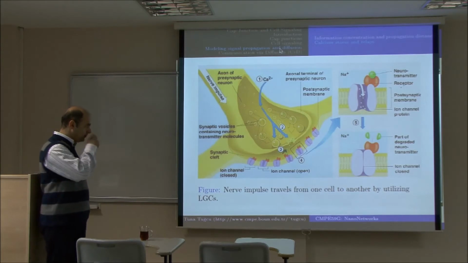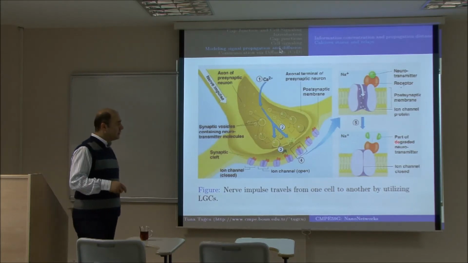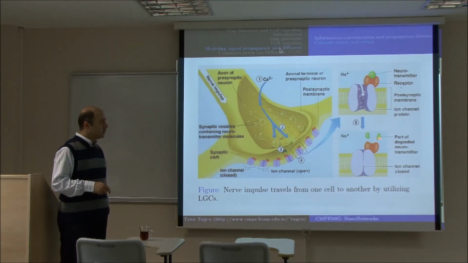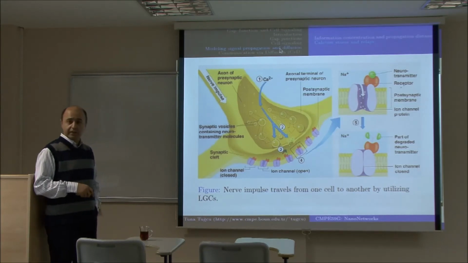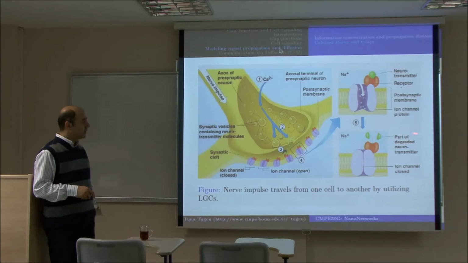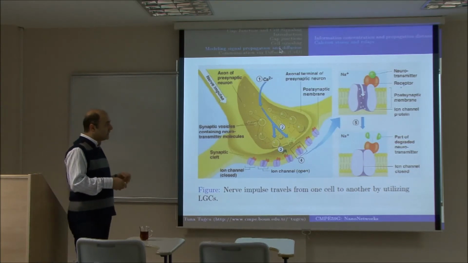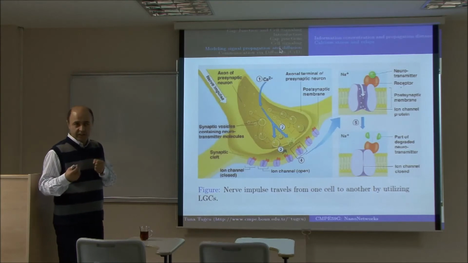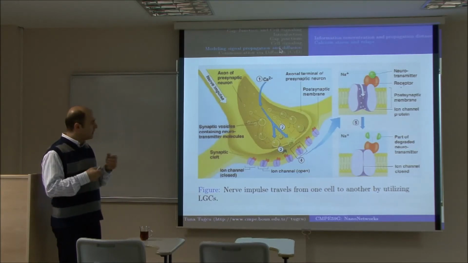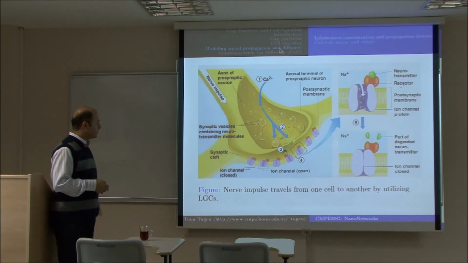And later on, this neurotransmitter will depart from the receptors, and it will be degraded so that it will not bind to another channel. Its duty is completed, so it will just decompose.